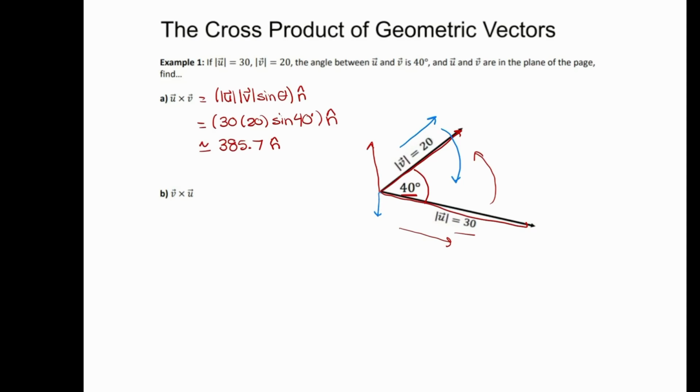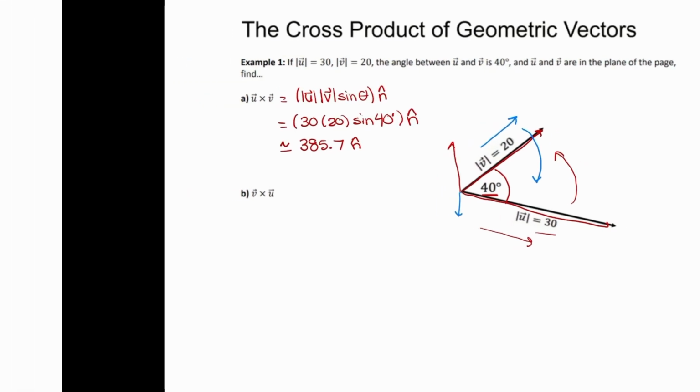So my thumb is pointing into the page, not out of the page, which means that for this one, my n will be into the page, which means it's negative. And that's going to tell me what direction it's going.